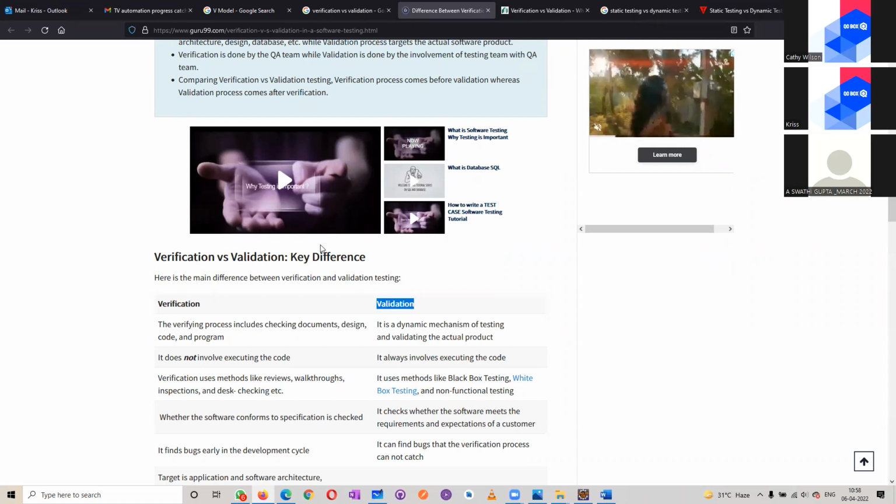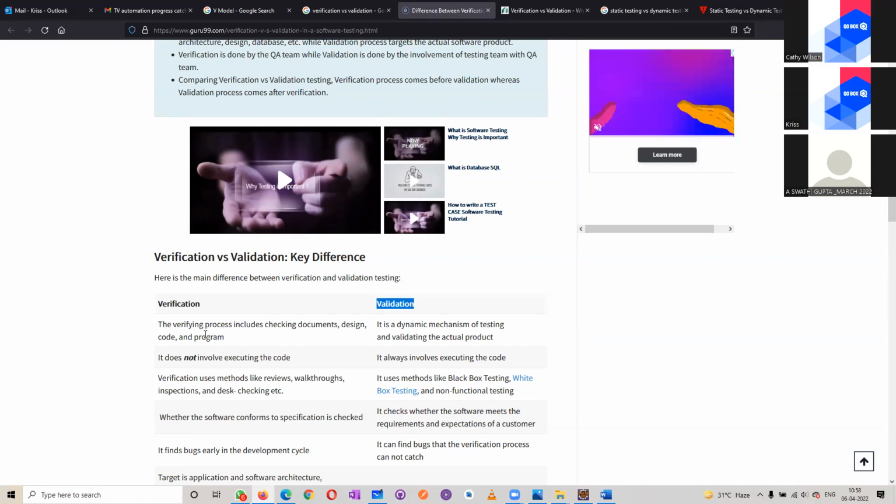Validation is a process. Always remember, verification and validation are processes in testing. Okay, so don't misuse the terminologies. We have to be cautious. Verification and validation are processes used in testing.